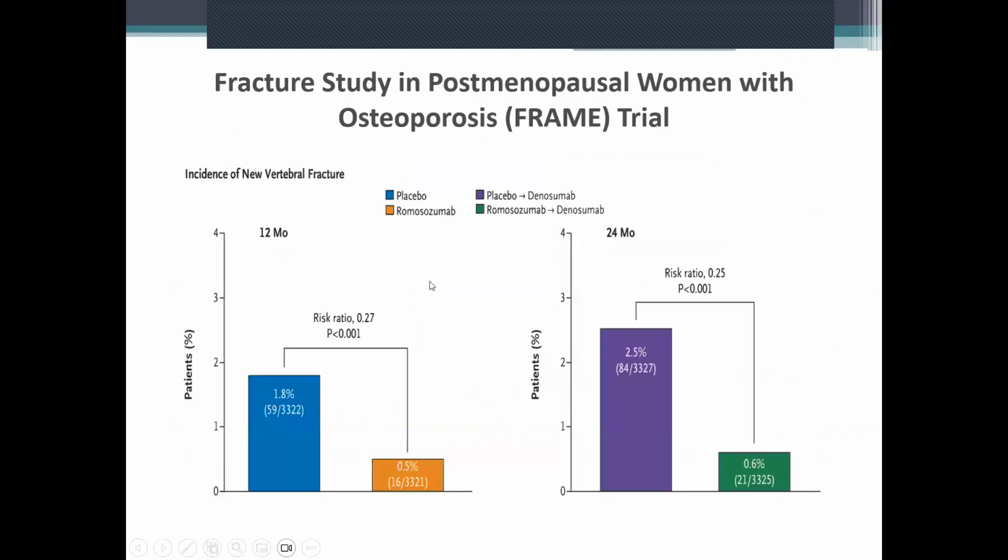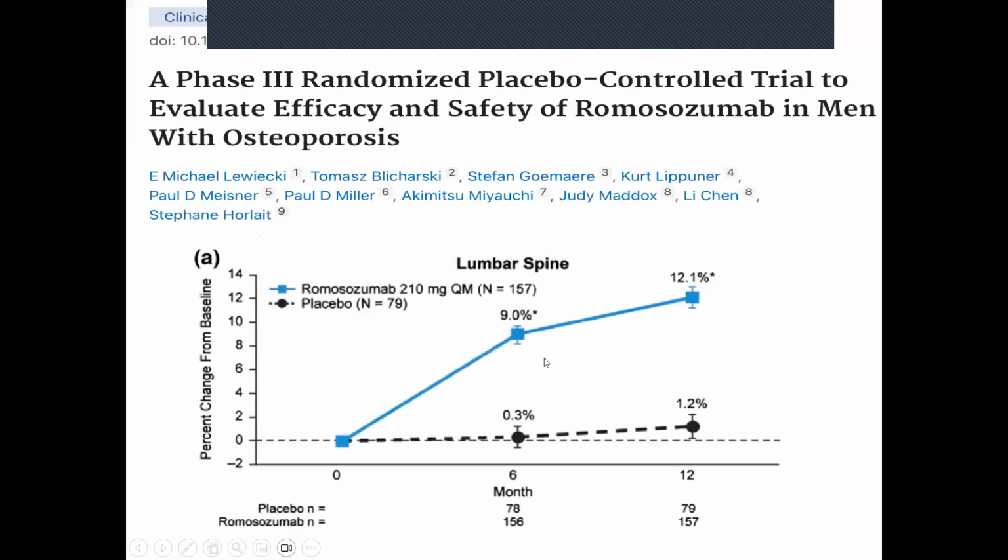At the end of 12 months, you can see patients who were on romosozumab, obviously compared to placebo, would have less incidence of new vertebral fractures. And for patients who transitioned from placebo to denosumab, obviously, because they were on an anabolic agent initially, they have significantly less incidence of new vertebral fractures.